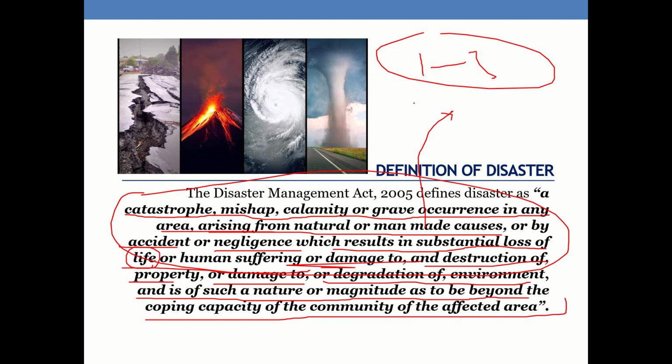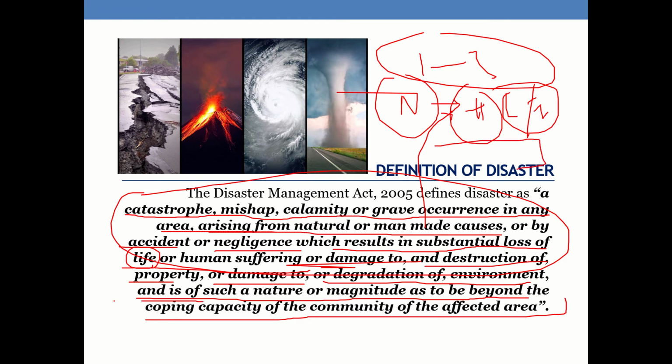In this case also we can see that there is a mention of natural events, loss of human life and properties, and environment related issues, and to an extent that it cannot be managed by the local community. So we may need interventions from the district level or state level or even the country level. That's the definition adopted by the Government of India under the Disaster Management Act.